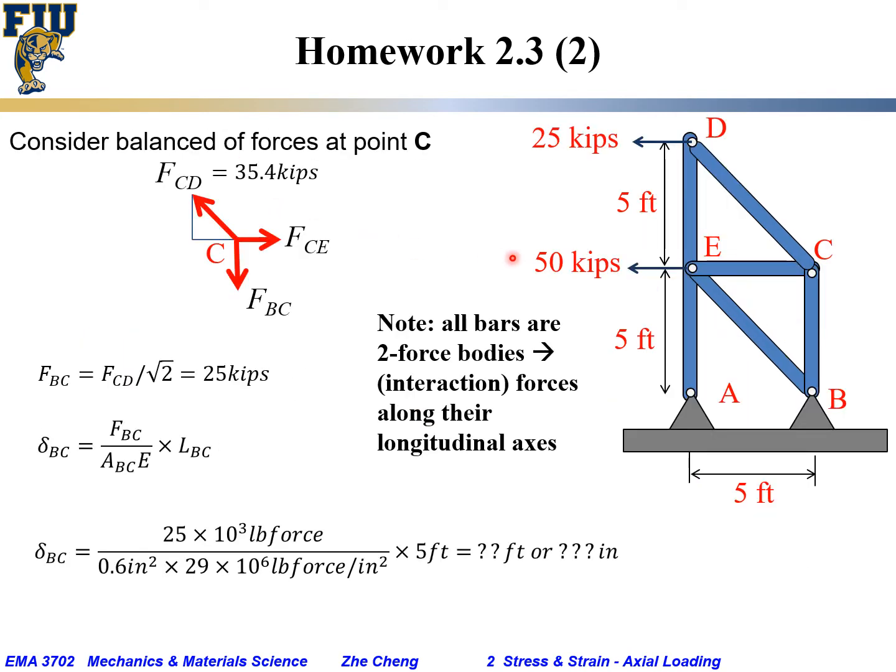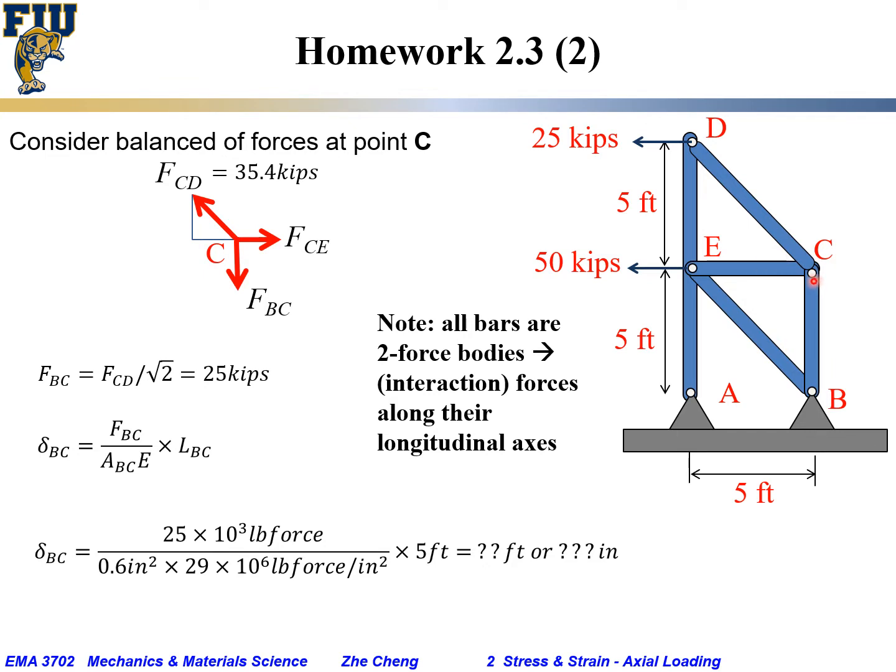For the second part, for BC, let's now consider the balance of forces at point C. So FCD is the same force, but now it's exerted by the CD rod on pin C, and it's going along this rod direction.